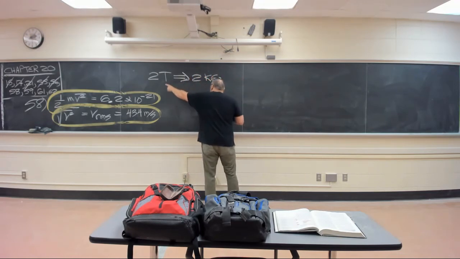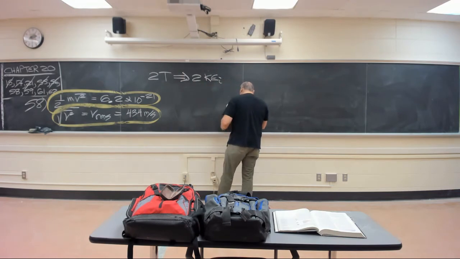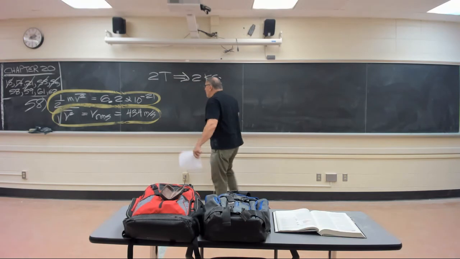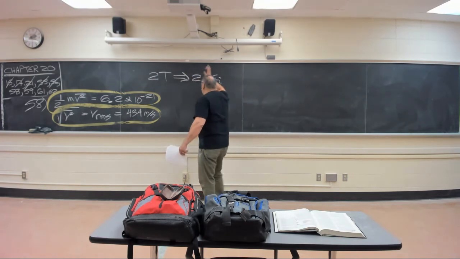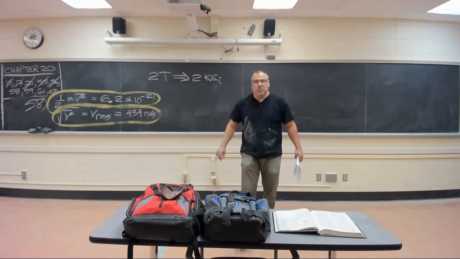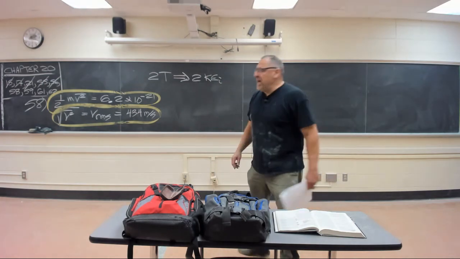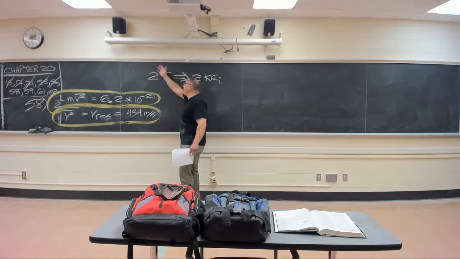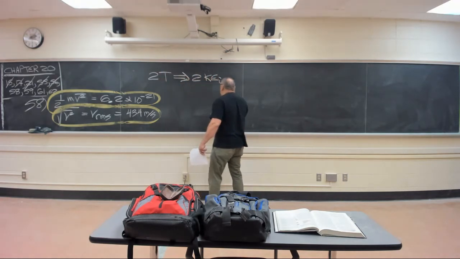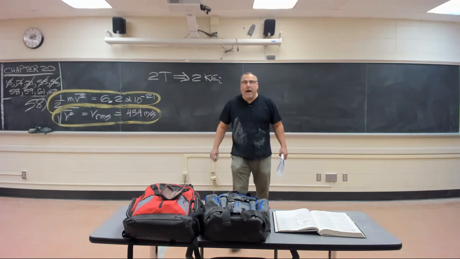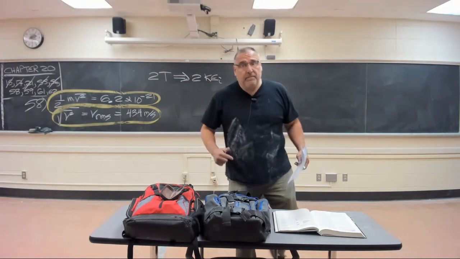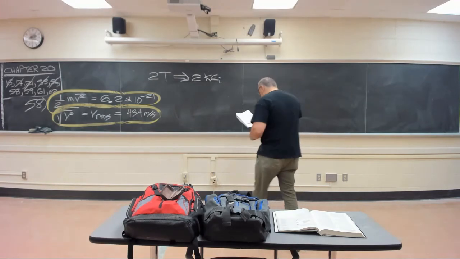If you make the temperature 10 times what it was initially, the average kinetic energy per particle is 10 times what it was initially. If you drop the temperature to 1/5 of what it was initially, the kinetic energy drops to 1/5 of what it was initially. So on and so forth with that, guys.